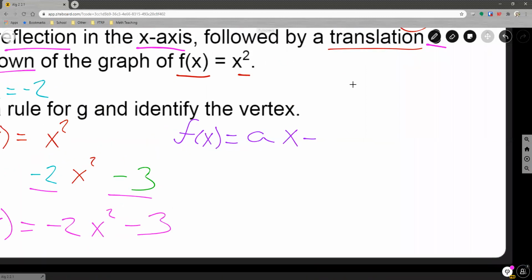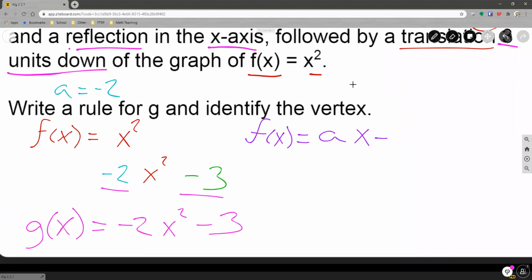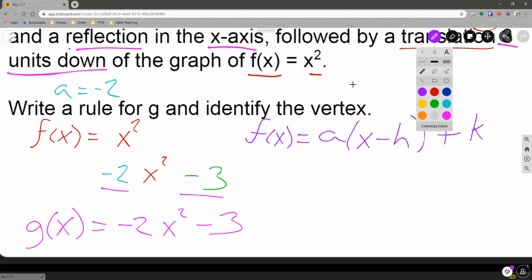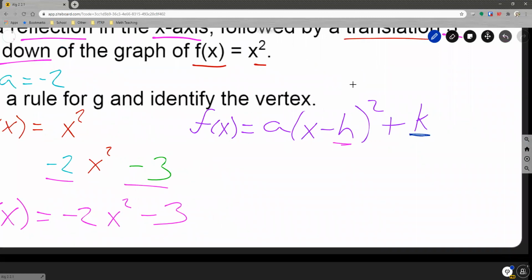All right. So let's go ahead and fix this. I want to identify the vertex. So I know the standard format of this type of function is f of x equals a times x minus h squared plus k. And I know that my h value controls the horizontal position of my vertex, and the k value controls the vertical position of my vertex.